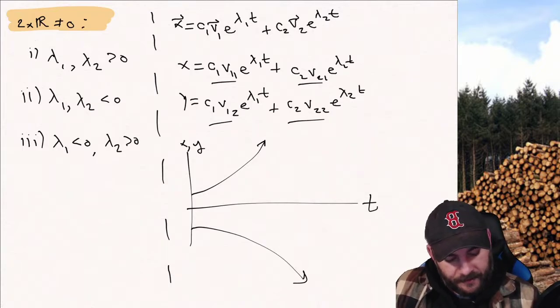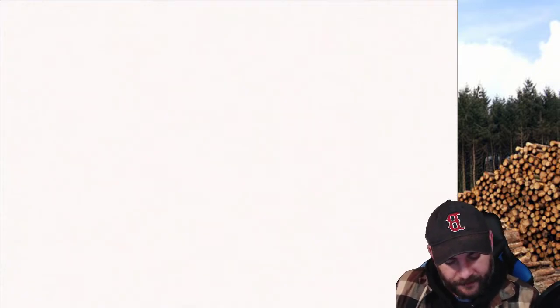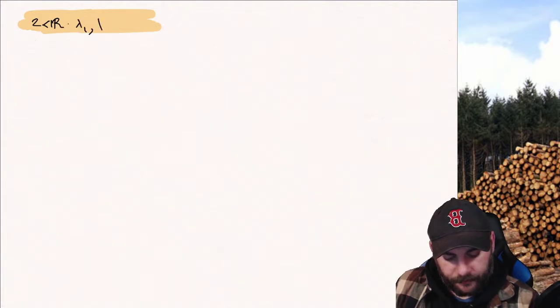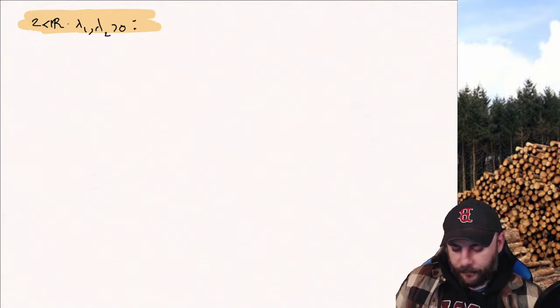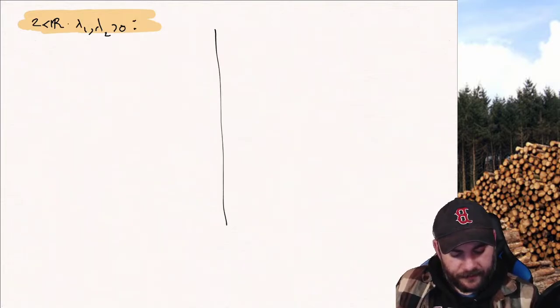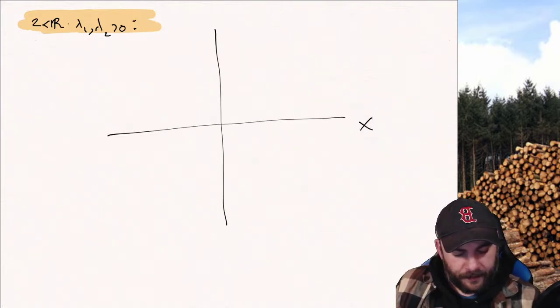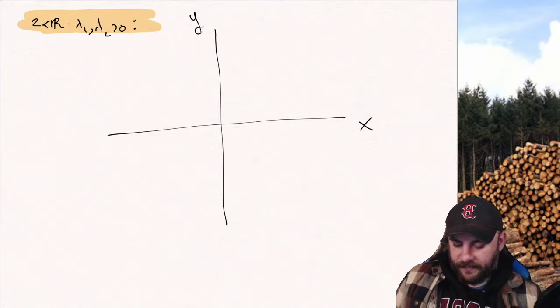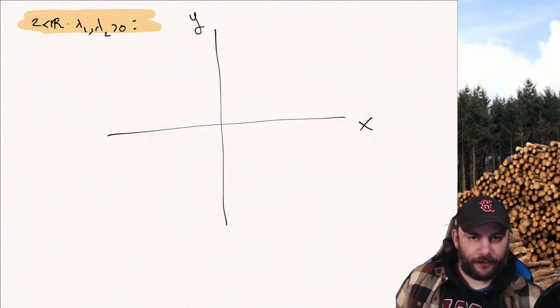So what that means, if we move to the next page, and I will fill in our case right here, we have 2 real roots with lambda 1, lambda 2 positive. That's the case we're in. Remember I said we want to think about these things in the plane, because we have x and y interacting with one another.